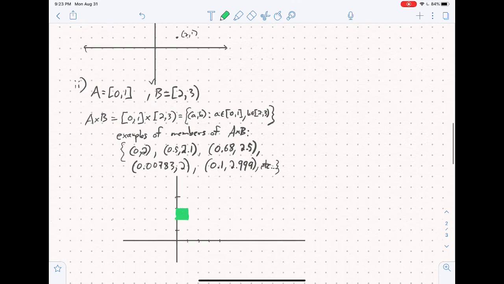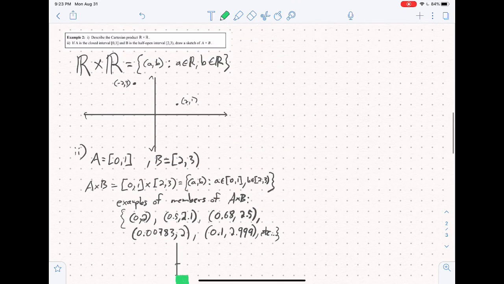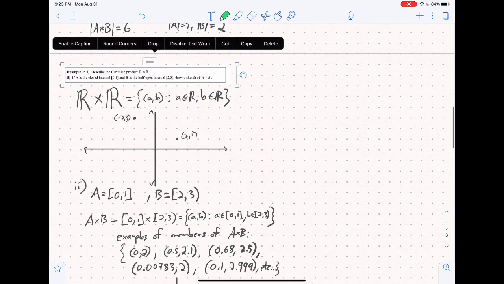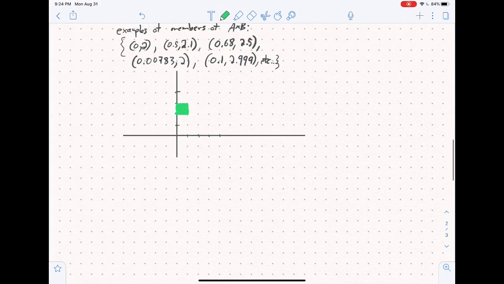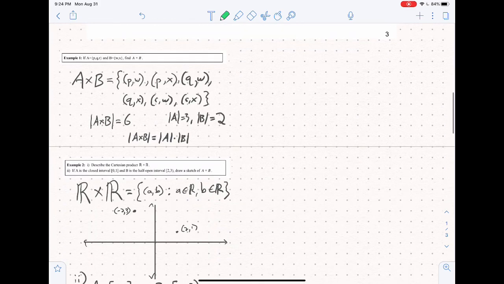Okay, let's talk about number 3. I don't seem to have the magic touch for pasting.